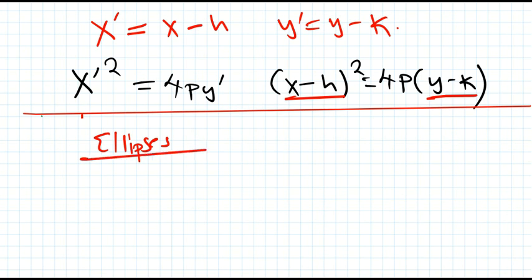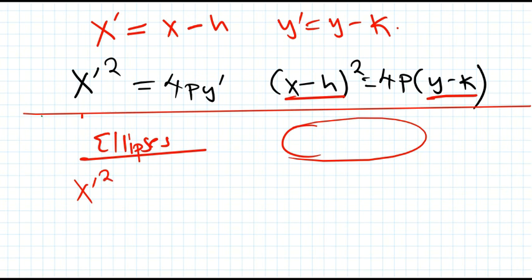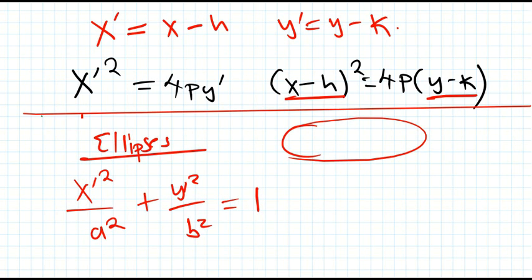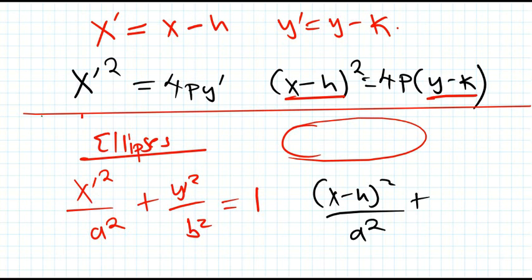Where the major axis is along the x-axis, you start with x′²/a², which implies a² is greater than b², equal to 1. So you've got (x − h)²/a² + (y − k)²/b² = 1.